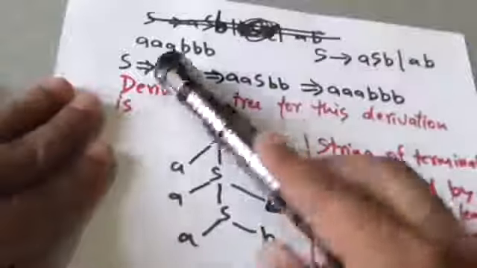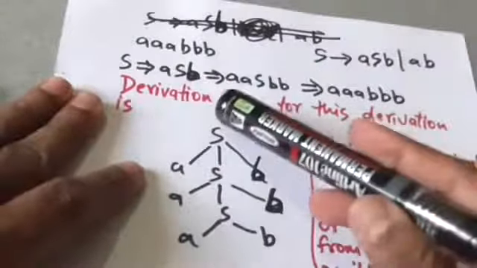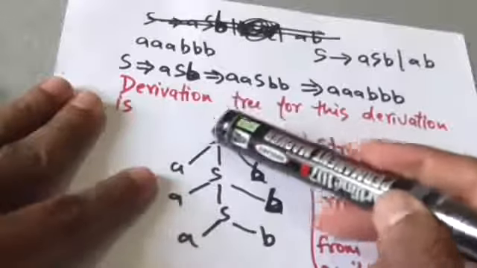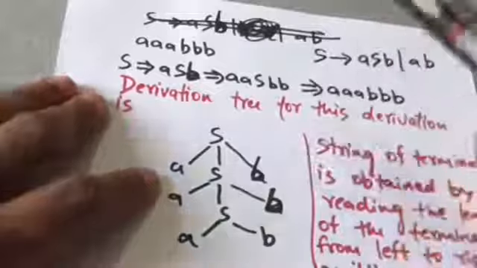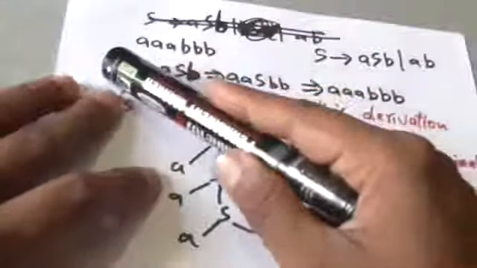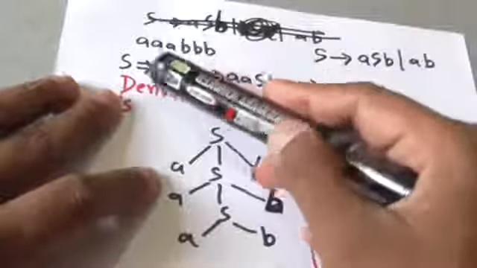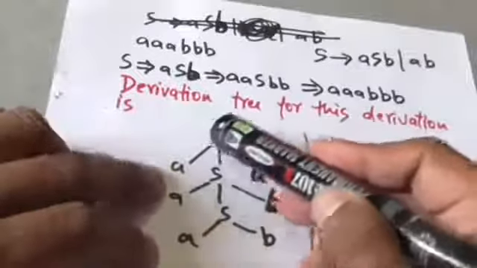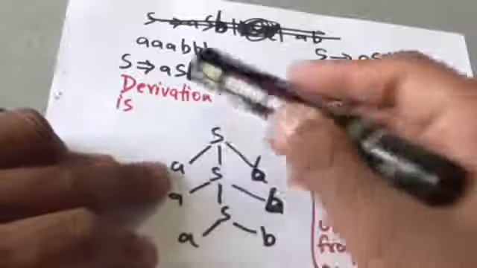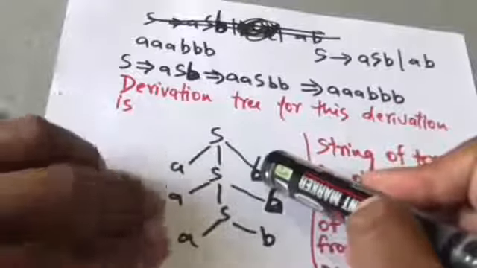Now, how can we represent this derivation by a derivation tree? First of all, make a root node S, right? Here we have applied the production rule S derives aSb, right? So the children of S must be a, S, b from left to right.